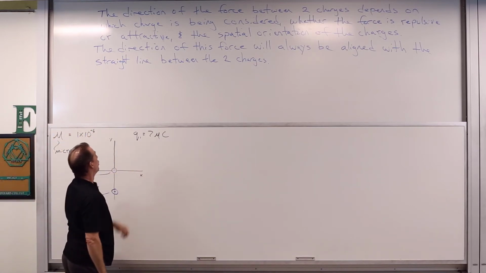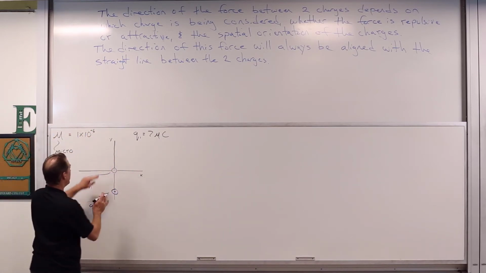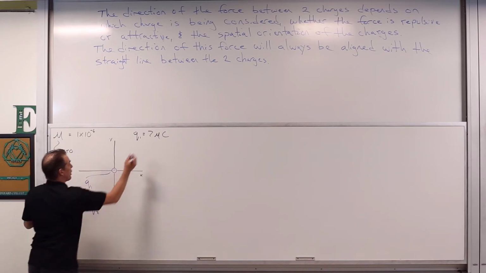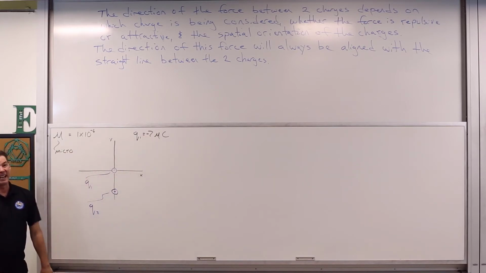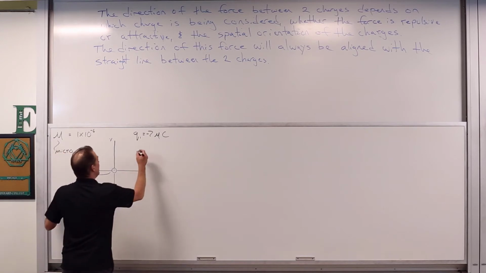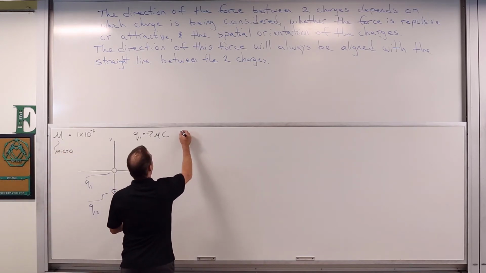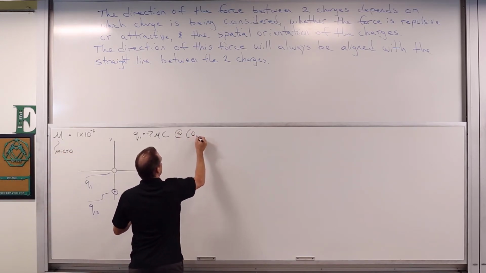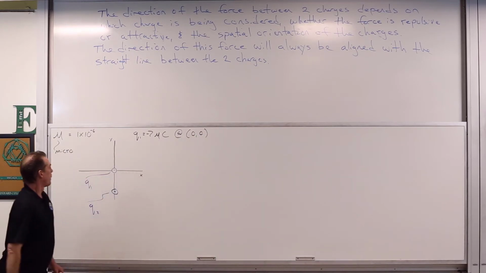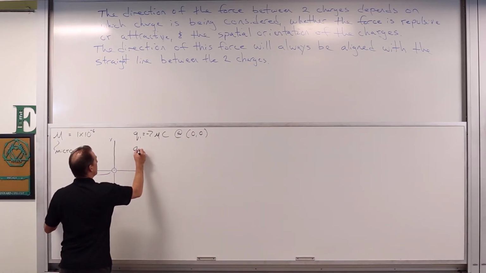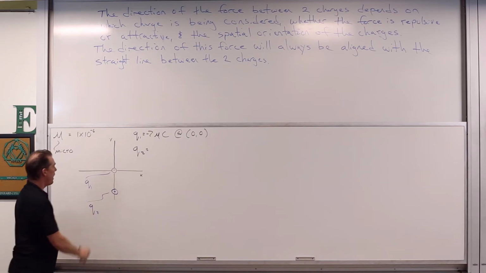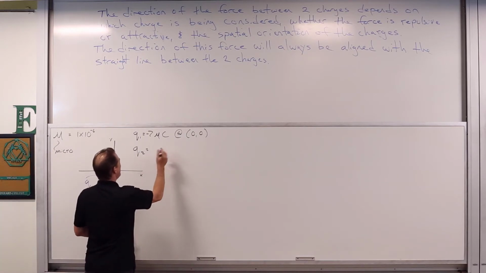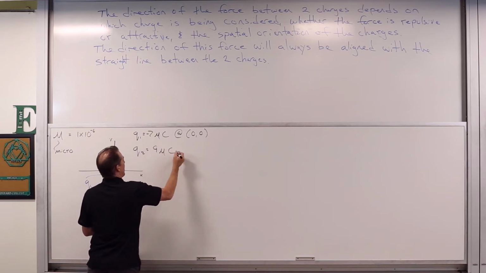So 7 microcoulombs, and actually, because it is a negative charge, go ahead and throw a negative sign in there, don't forget that. And we'll say that this charge is at the origin, 0, 0. Great, what about Q2? Let's say Q2 is going to be a positive charge, and we'll say that it is 9 microcoulombs.